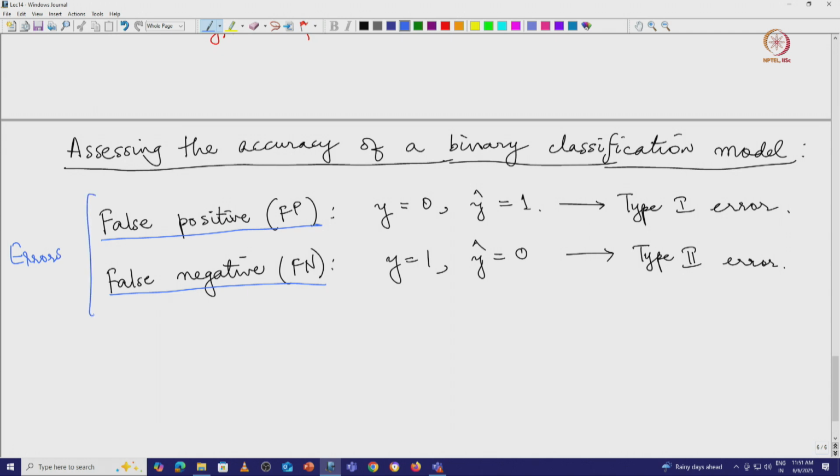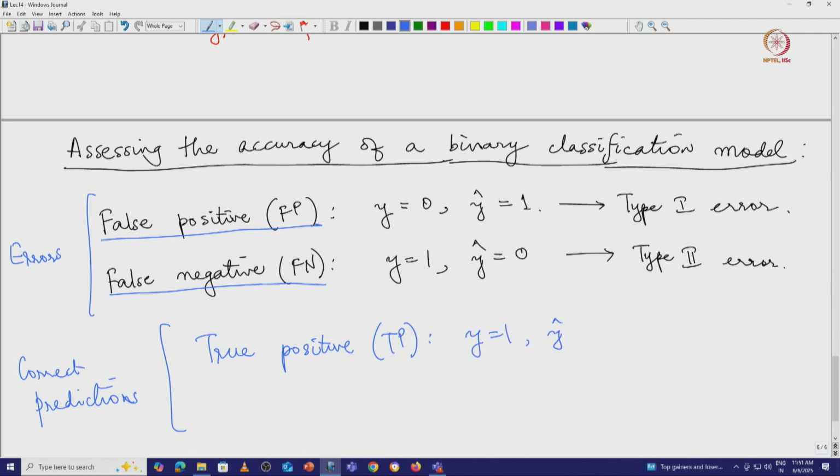So these are the errors and then you can have the correct predictions, and these arise when you have the true positives, TP, and in this case y is 1 and y hat as well is 1, and you can have a true negative.